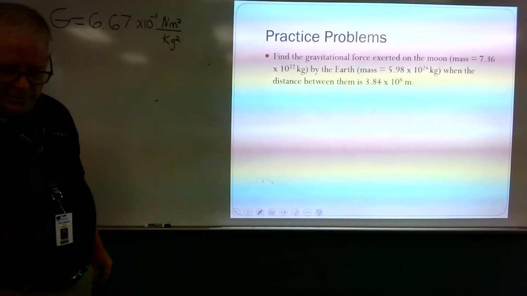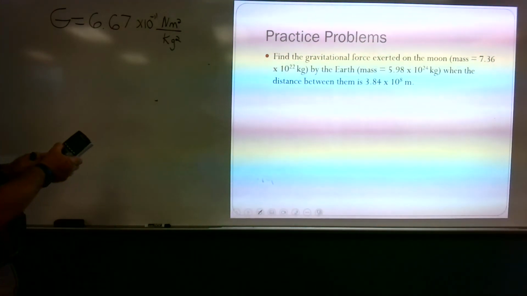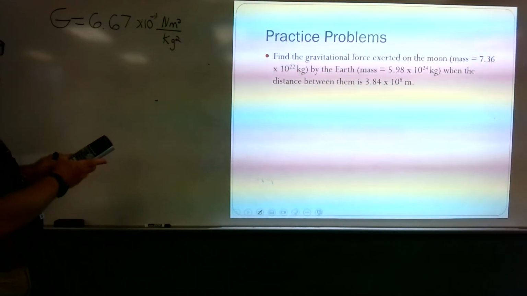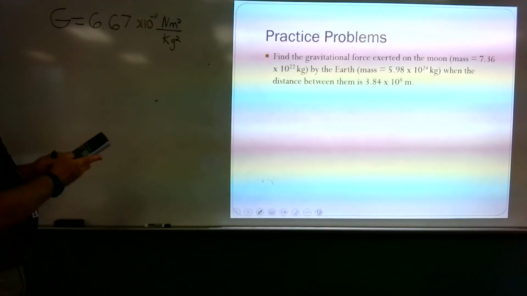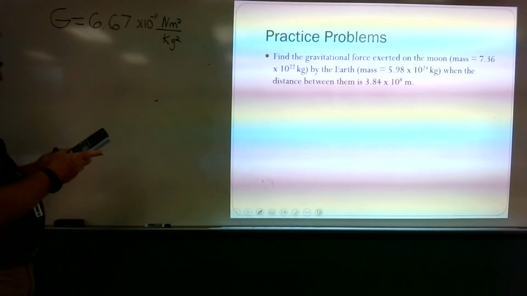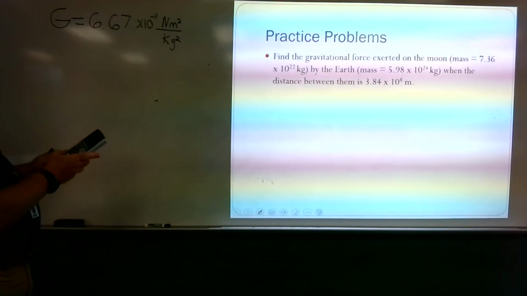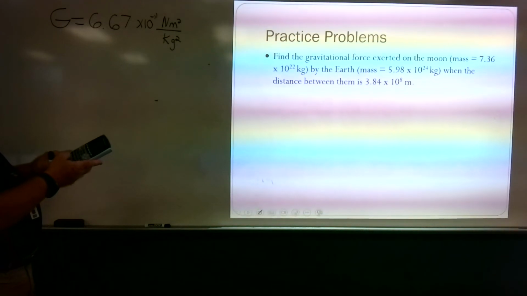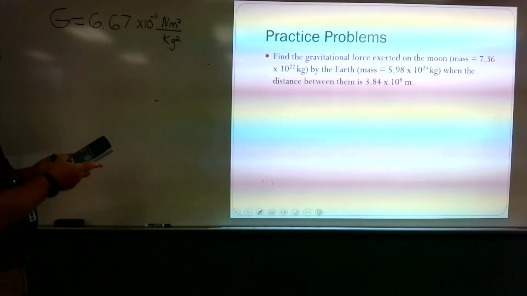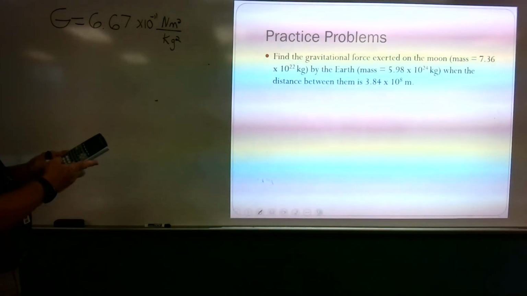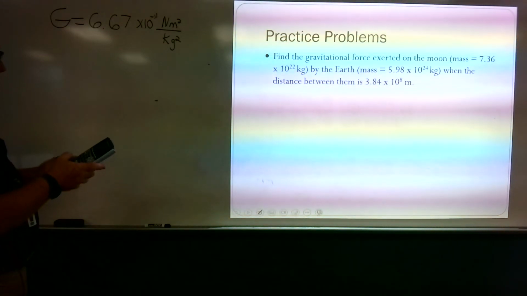So we say 6.67 EE minus 11 times 7.36 EE 22 times 5.98 EE 24 divided by 3.84 EE 8 squared.